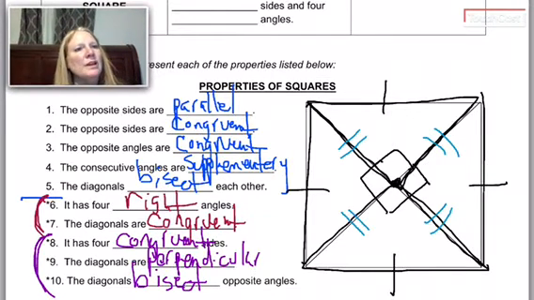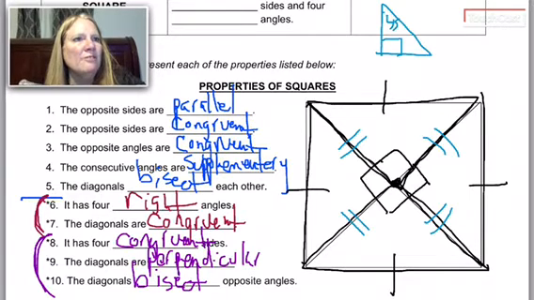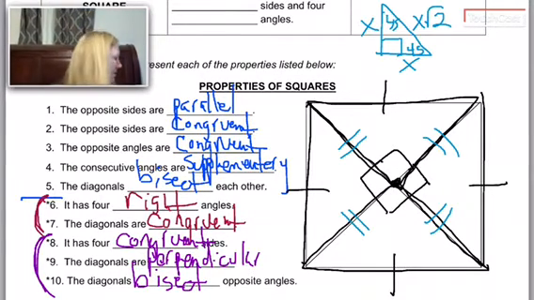So what we end up with, let me draw up here, is 45, 45, 90 triangles, which have the properties of x, x, and x square root of 2. Hopefully you can go back to that and recognize.